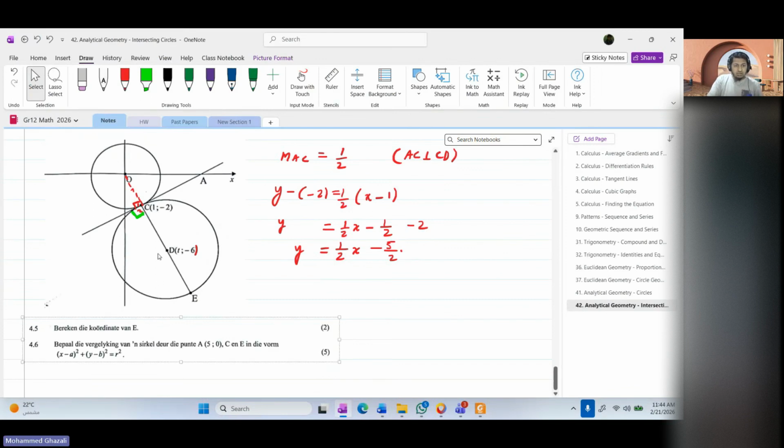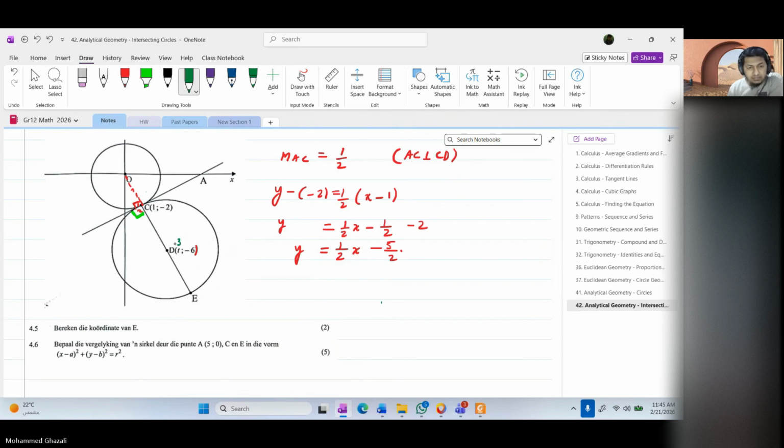Coordinates of E. What is the coordinate of E? Coordinate of E will be easy because it's just basic midpoints, right? So we're going to call E as x2, y2. So to find the coordinates of E, we're going to say x2 plus the endpoint.